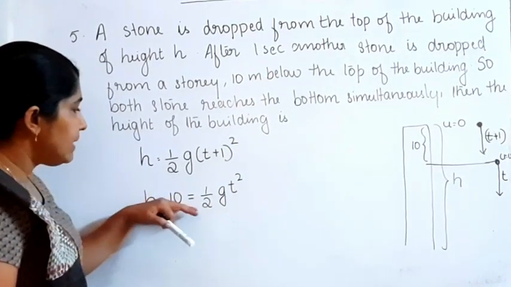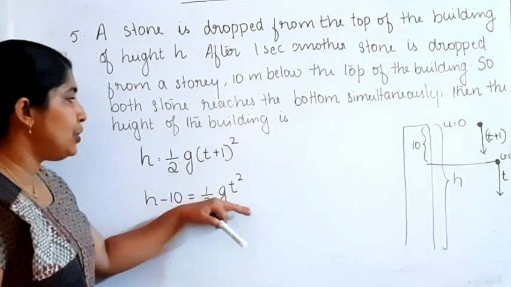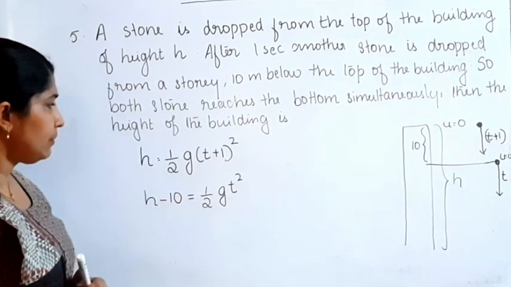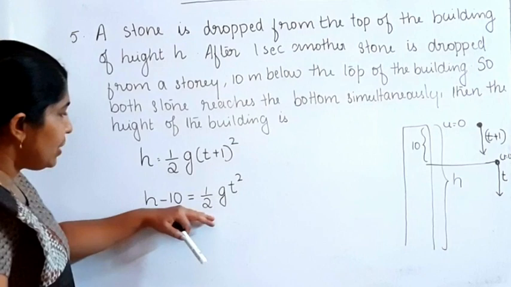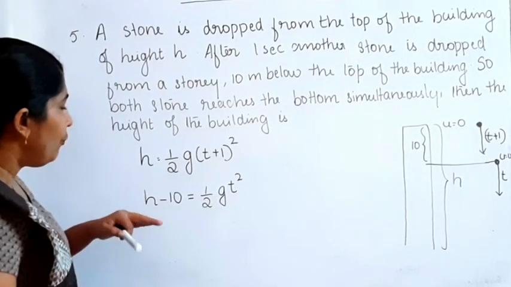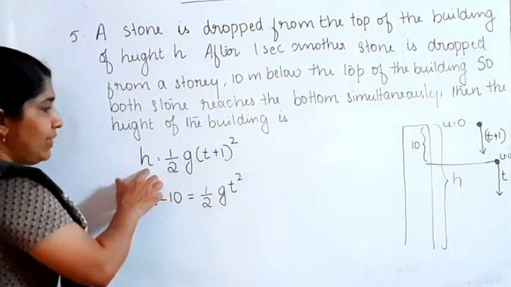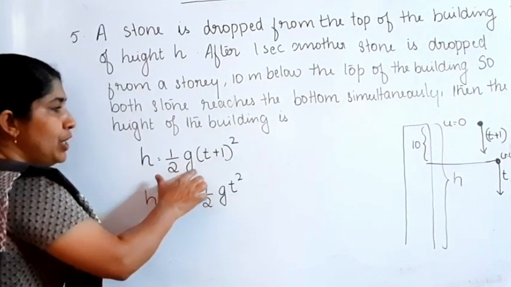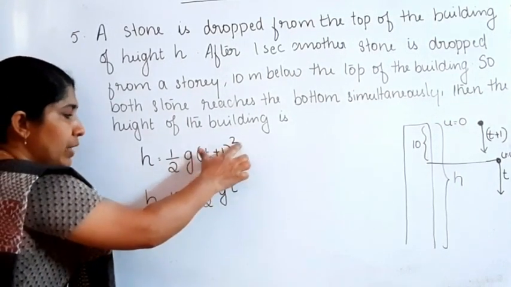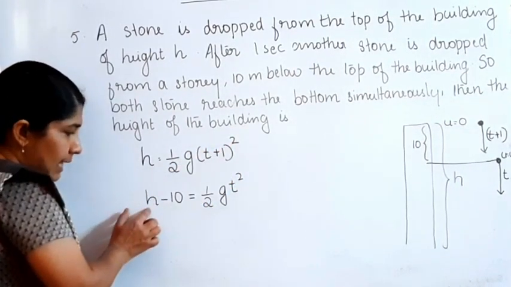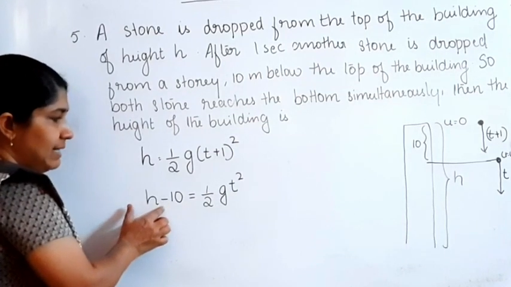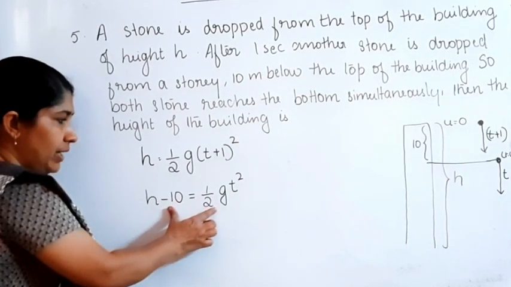Then h minus 10 is equal to half into g into t square. From these two, we can put the value of h. h is equal to half g into t plus 1 the whole square. In the second equation, h minus 10 is equal to half gt square.